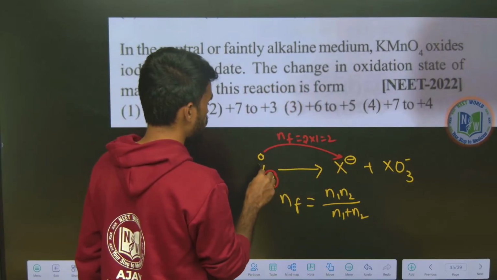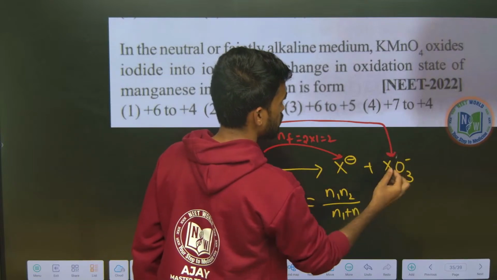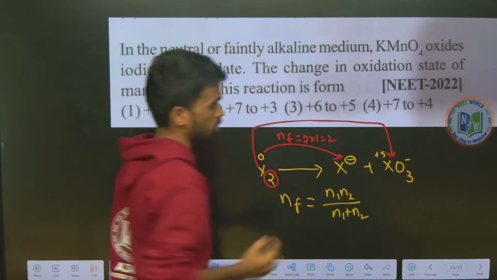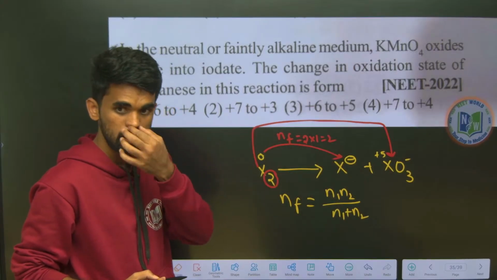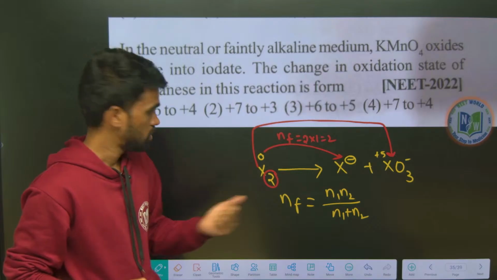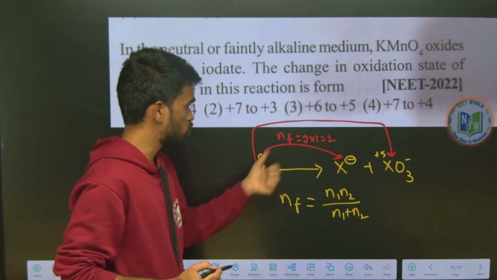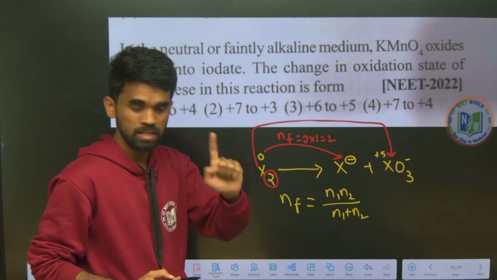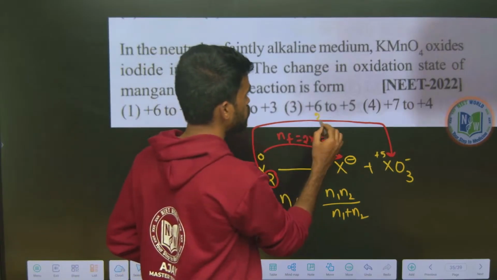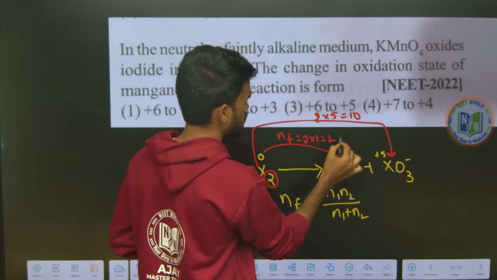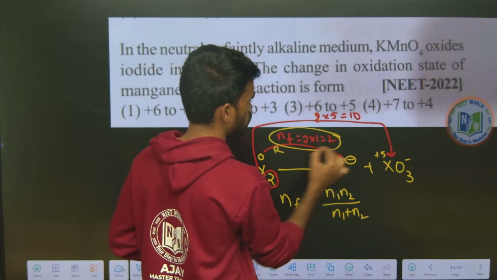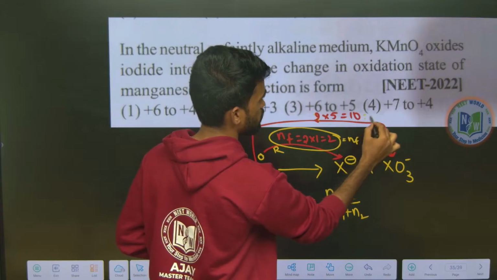Now similarly for oxidation, the oxidation number is plus 5. So 0 converting into plus 5 means 5 electrons per X. There are 2, so 2 into 5, total 10. Consider the reduction n factor as N1 and the oxidation n factor as N2.